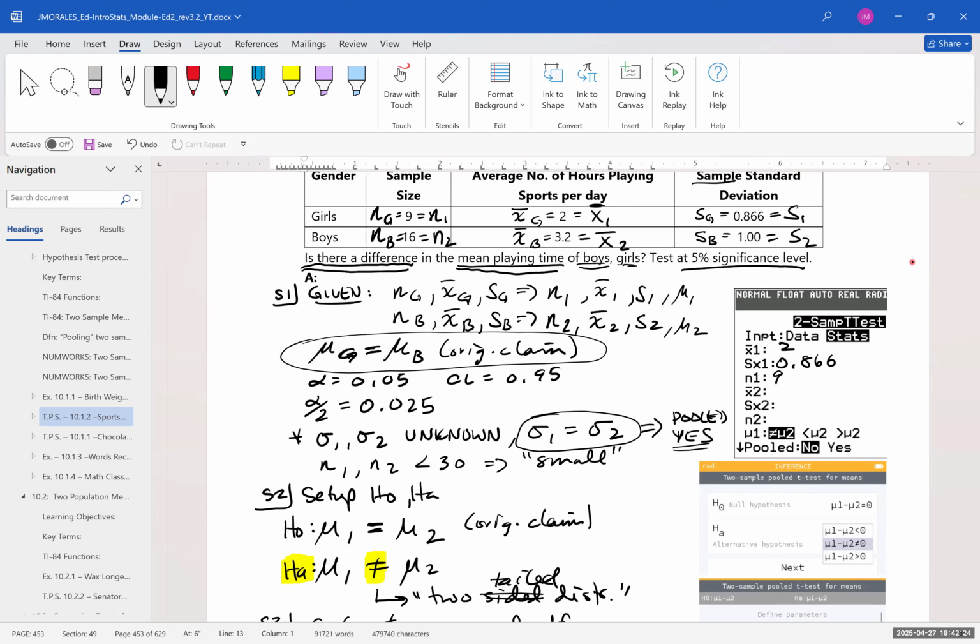X bar 2, that's the boys, is 3.2. Standard deviation for boys, S2, is 1, and sample size is 16. The alternate hypothesis is not equal to, so it'll be this option, and pooled should be yes.